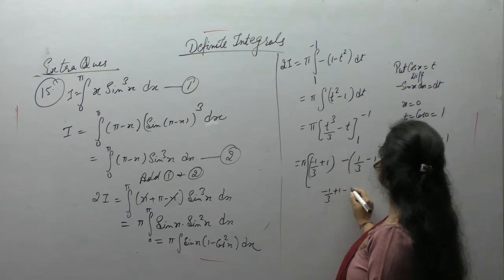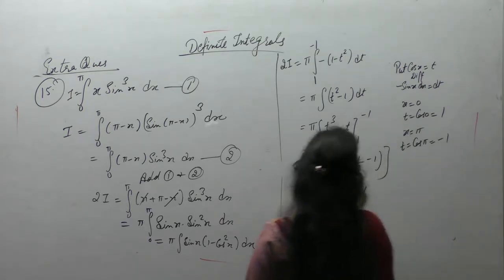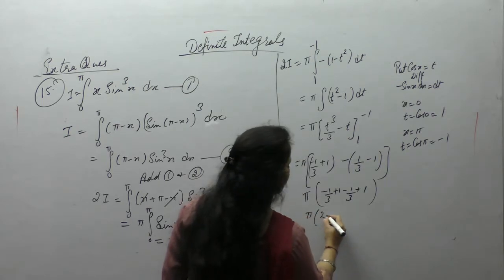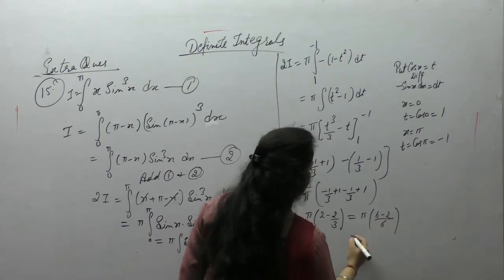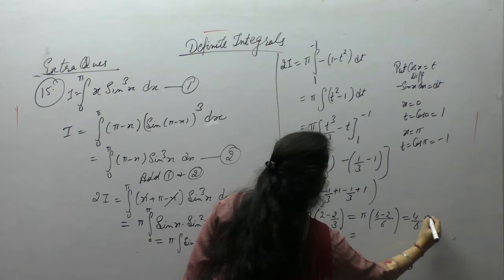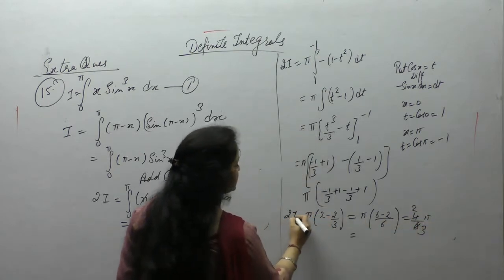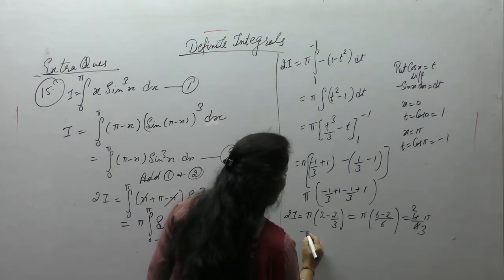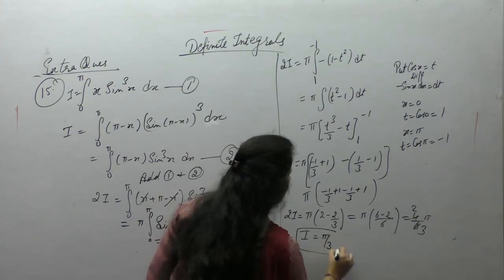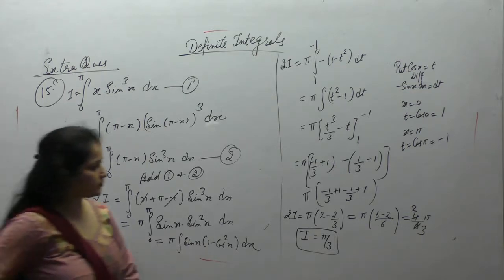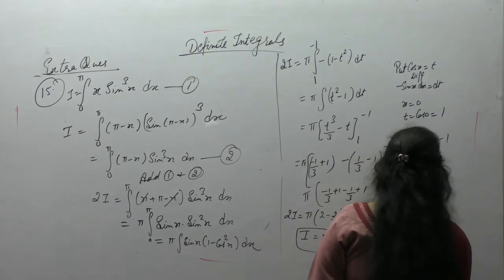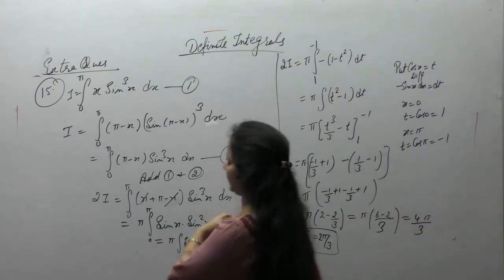Minus 1 by 3 plus 1, minus 1 by 3 plus 1. 2 minus 2 by 3. 2I is 2 pi by 3. So I is pi by 3.